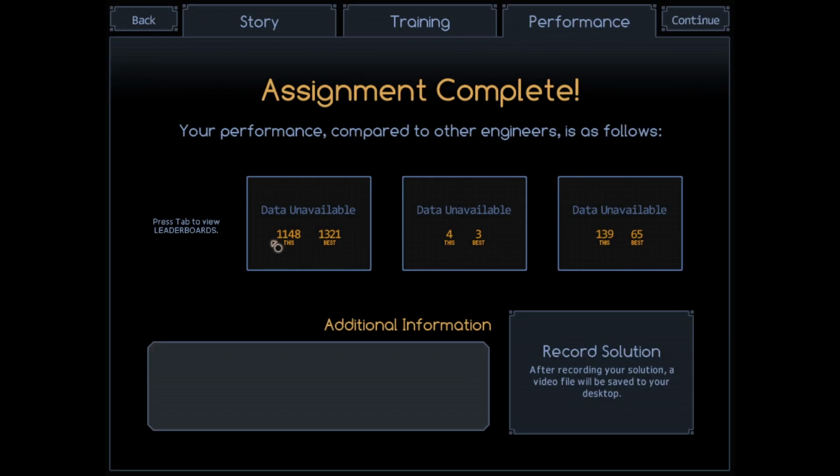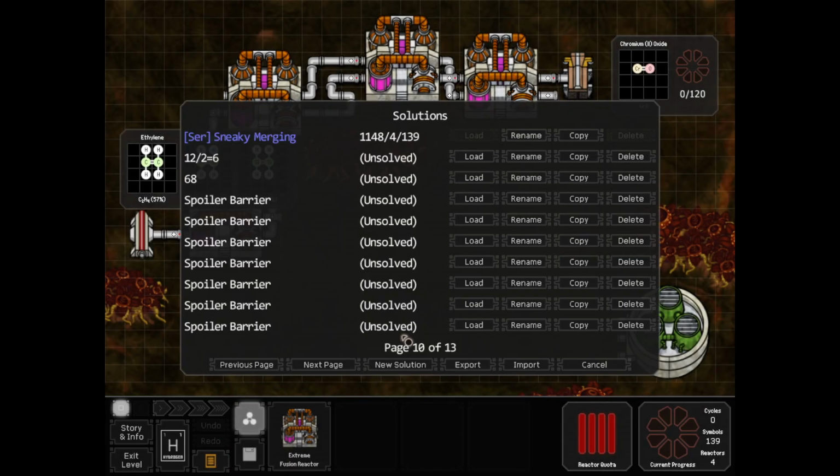Okay, so let's run this to completion, and it takes 1148 cycles, which is a rather large drop of 173 cycles, I think, due to only having 6 cycles per input.